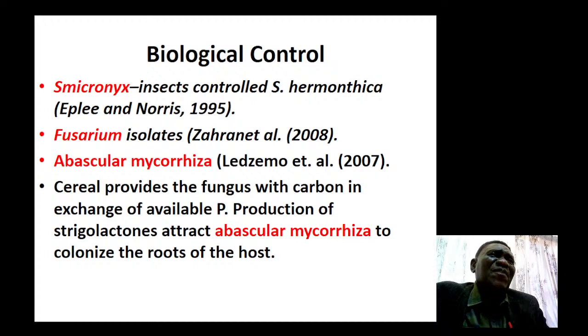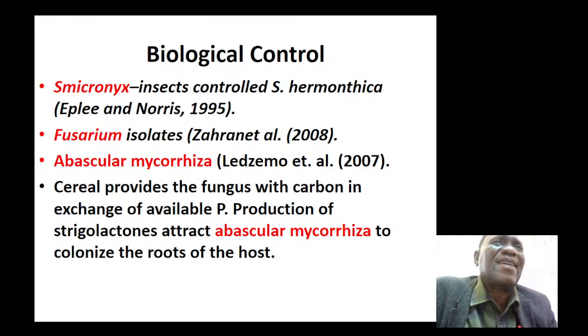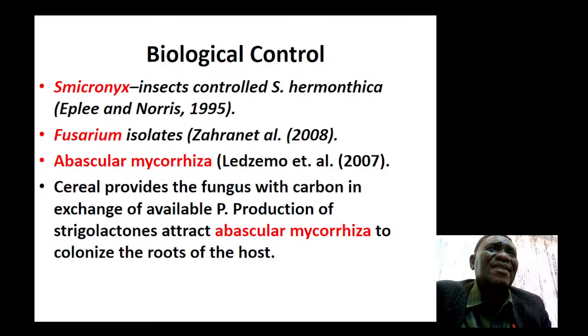Now, when you have arbuscular mycorrhiza, the cereal will provide for the fungus. Arbuscular mycorrhiza is a fungus. So it will get the carbon from the cereal, and in turn it provides phosphorus. And this availability of phosphorus will end up suppressing Striga lactones. And these Striga lactones, which are suppressed, will ensure that the host is free from the parasite.